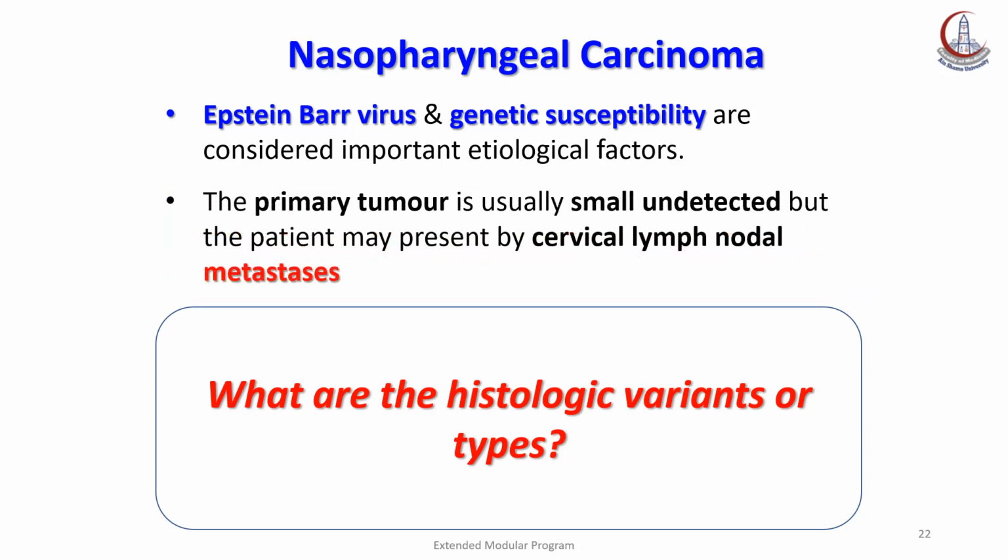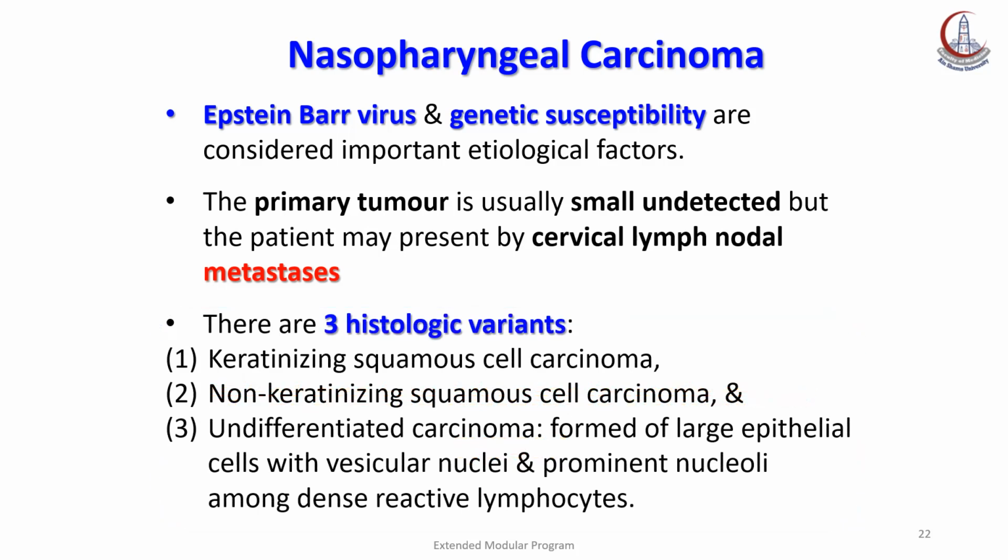The presenting symptoms: the tumor usually starts as a small undetected or hidden tumor and spreads to the cervical lymph nodes. We have 3 different histologic variants: the keratinizing squamous cell carcinoma, non-keratinizing squamous cell carcinoma, and undifferentiated carcinoma, formed of large epithelial cells with vesicular nuclei and prominent nucleoli, admixed with dense small lymphocytes.